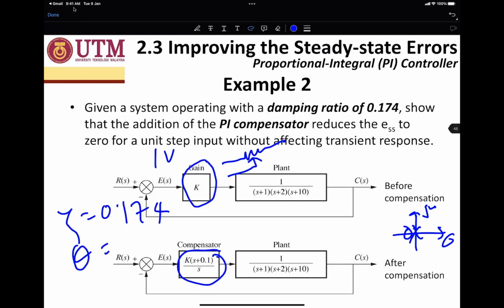The zero at minus 0.1 and the pole at the origin are very near to each other, so they can cancel each other. But what happens is the existing transfer function is type 0, so the system type will increase from type 0 to type 1 due to the PI controller, right?